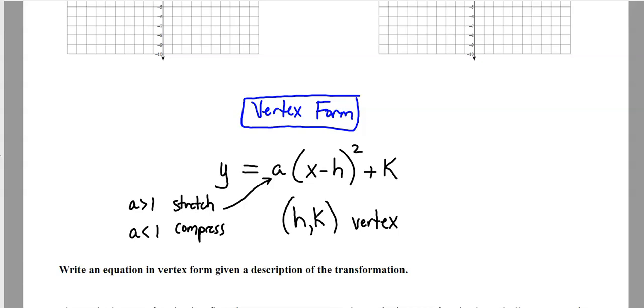And then also, it opens up when a is positive, and it opens down when a is negative. All right? So that's kind of all the things that can happen inside that little vertex form.